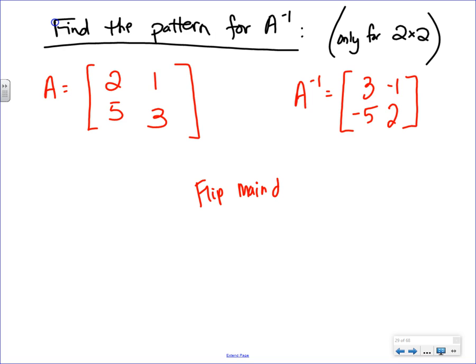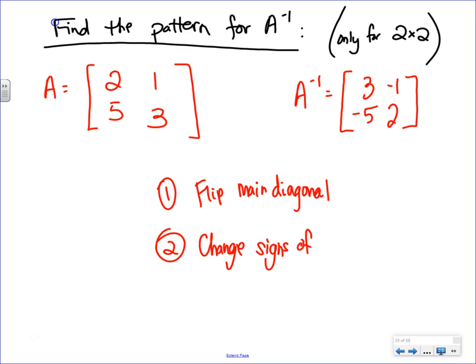Is that okay? Flip the main diagonal, the main left to right. That's the same one as the main or the leading diagonal for the identity matrix. So we flipped those 2, right? But what else happened? Change the signs of the opposite diagonal.